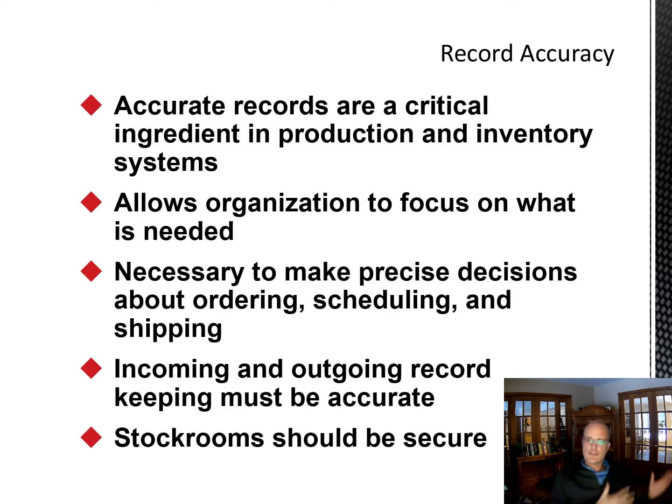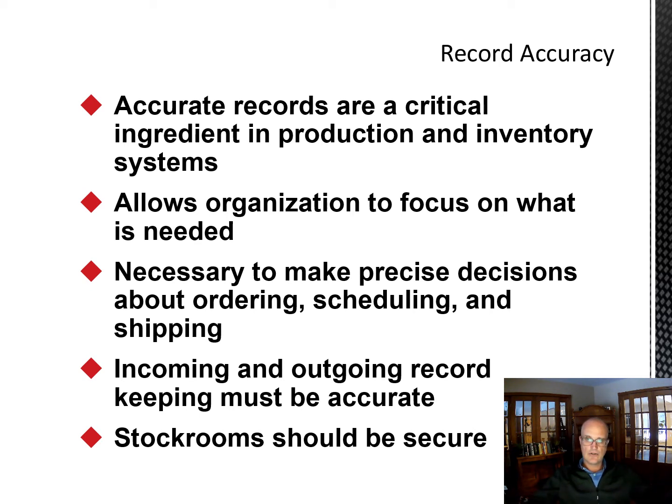So let's switch now and talk a little bit about recording inventory. It's important that we have accurate records, because if we don't have accurate records, we won't know when to order. Inventory control is based on the foundation of a good understanding of what our inventory is, and otherwise all of the other tools are relatively useless.